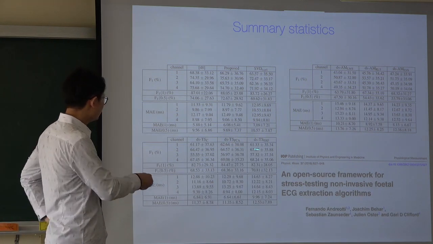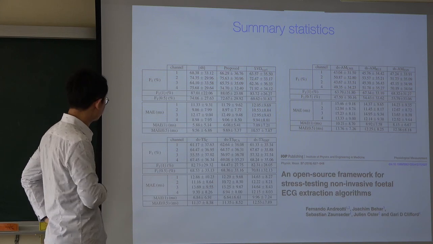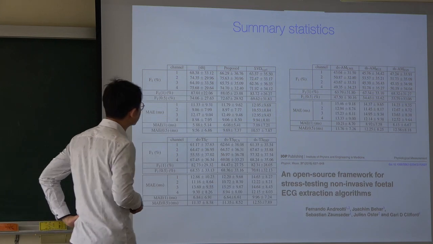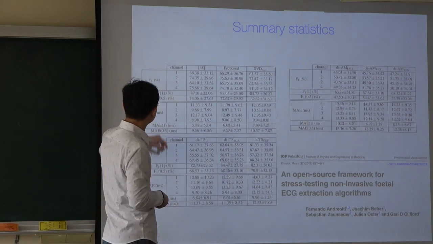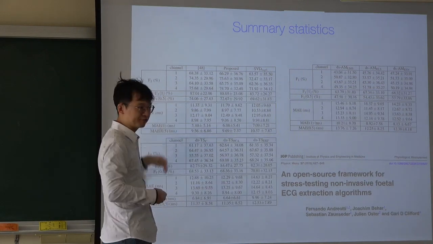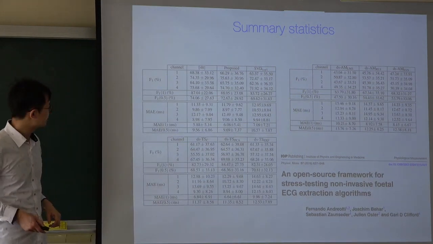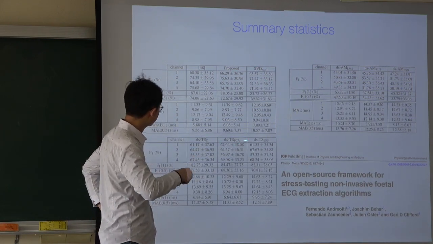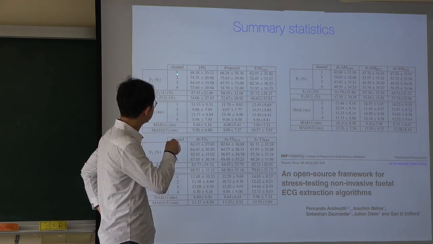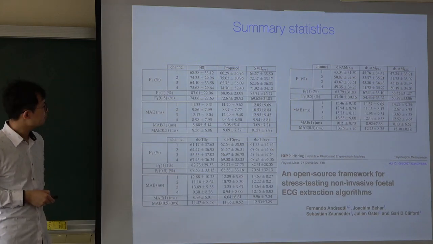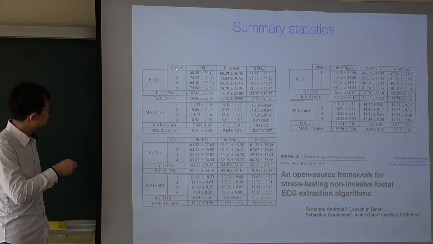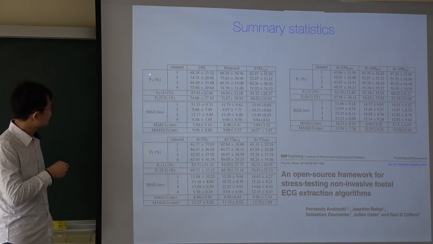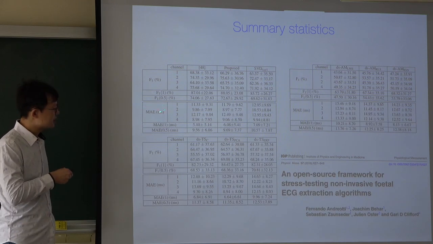There are several algorithms that people use, and in this database we checked there are 4 different transabdominal maternal ECG channels. So we apply many different algorithms to each single channel, and once we apply them, we calculate the F1 and the MAE.